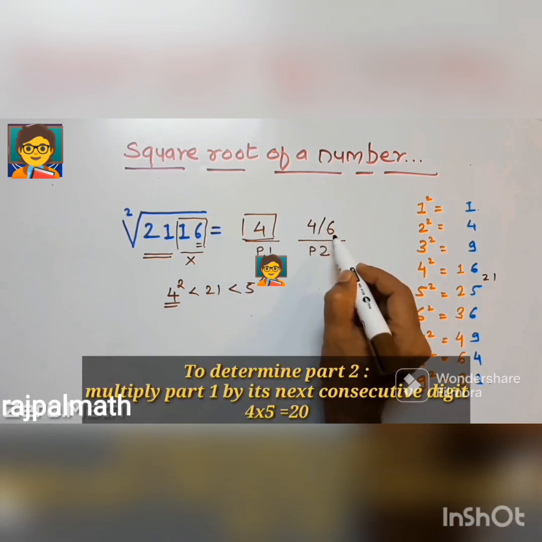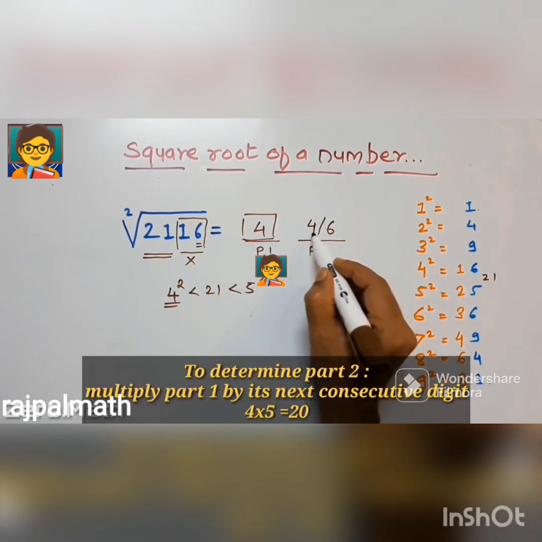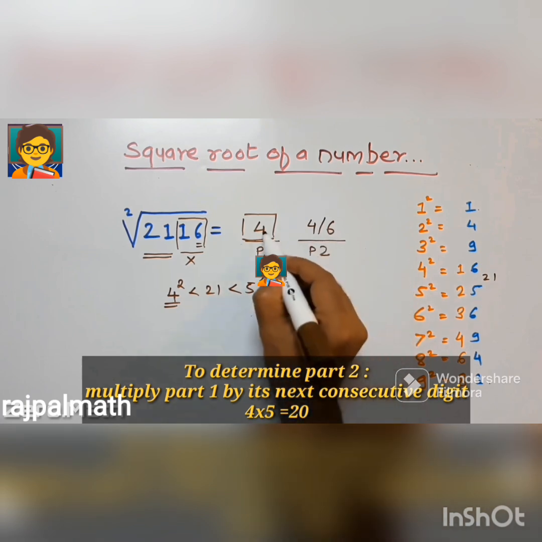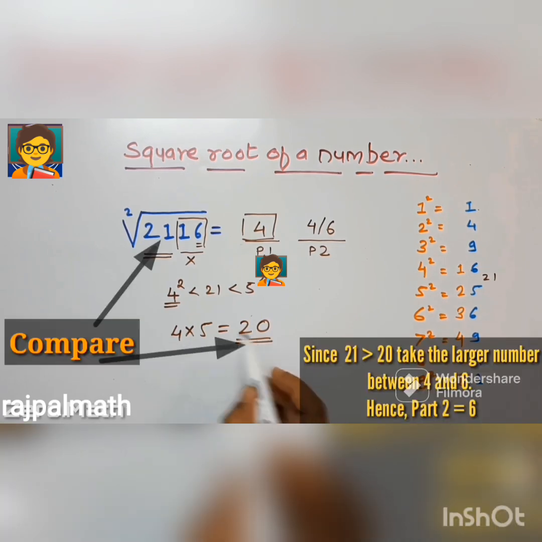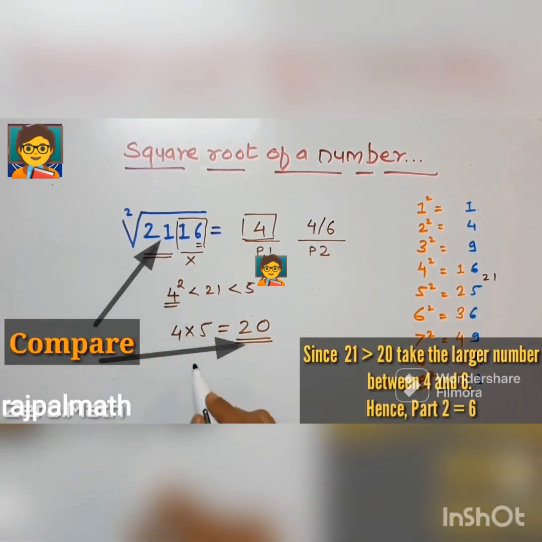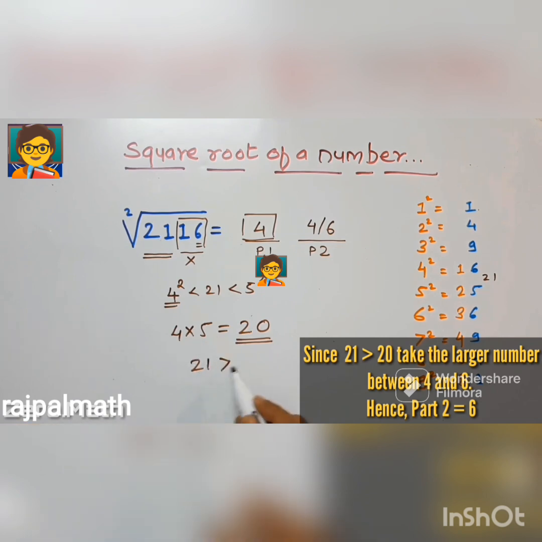Now to determine the second part, whether it is 4 or 6, I'll take this 4 and multiply it by the next consecutive digit, which is 5. So 4 into 5 is 20. Now compare this 20 with this 21. 21 is greater than 20.